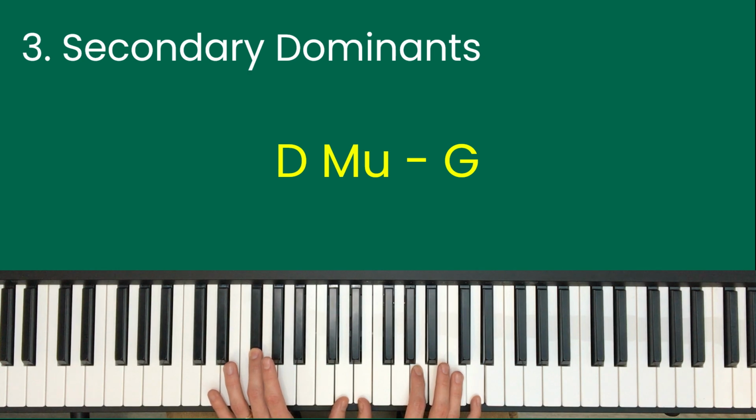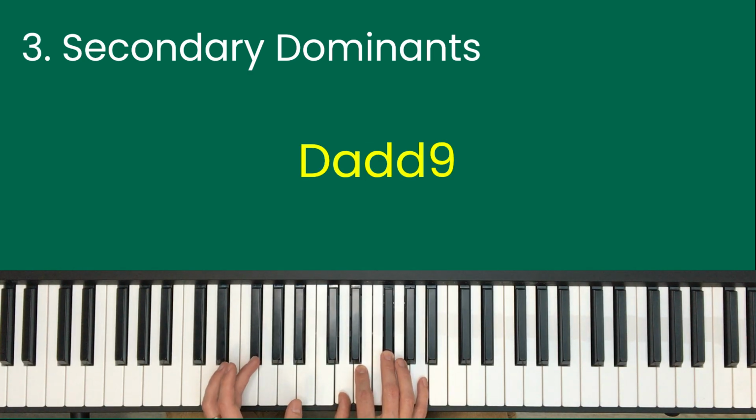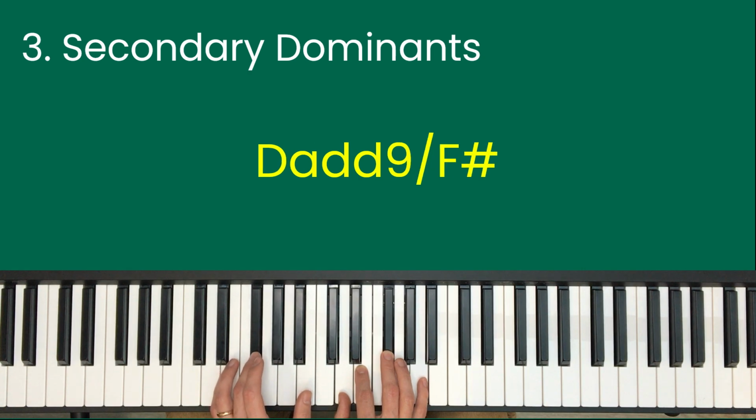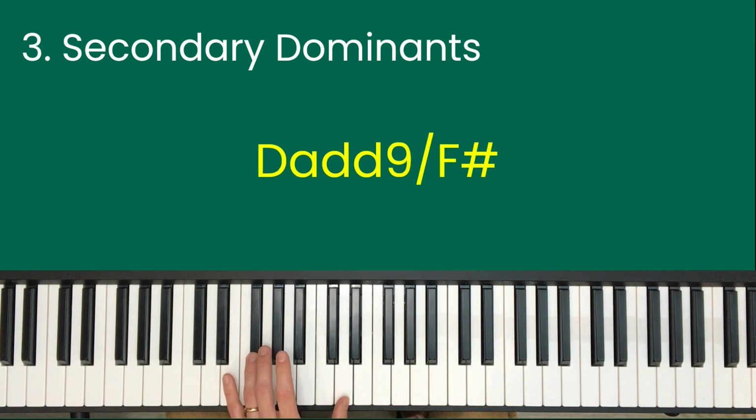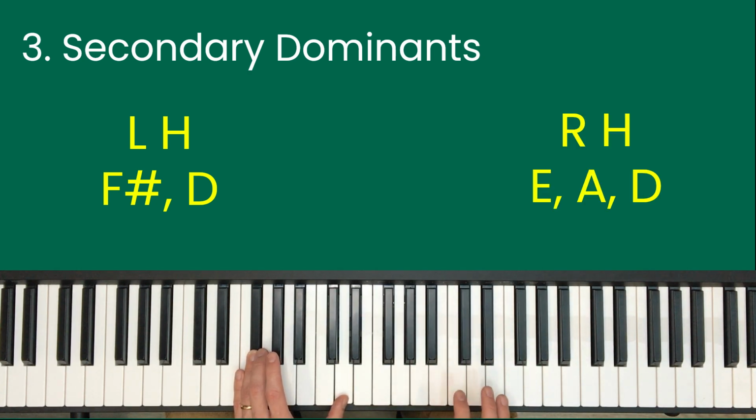So what is that? Essentially it's a D add 9 in first inversion, so it's got the F sharp on the bottom. But it's a very specific type of voicing. In the left hand I've got this interval here, the flat 6 interval, F sharp, D, and then in the right hand I've got a double 4th shape built from the 9th.